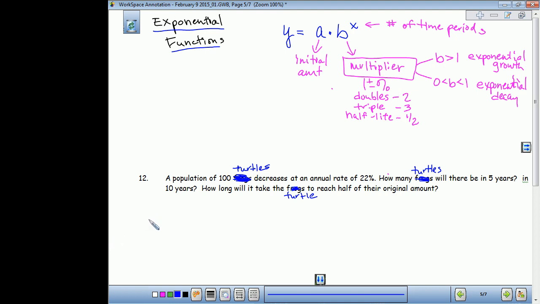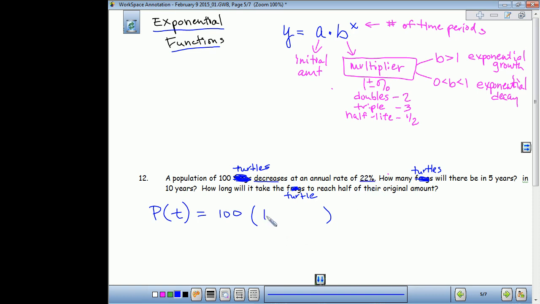Okay, so first thing we're going to do is write an equation that models this situation. We have the population of our turtles with respect to time. So what was the initial population of our turtles? 100 turtles. It says that we are decreasing at a rate of 22%.